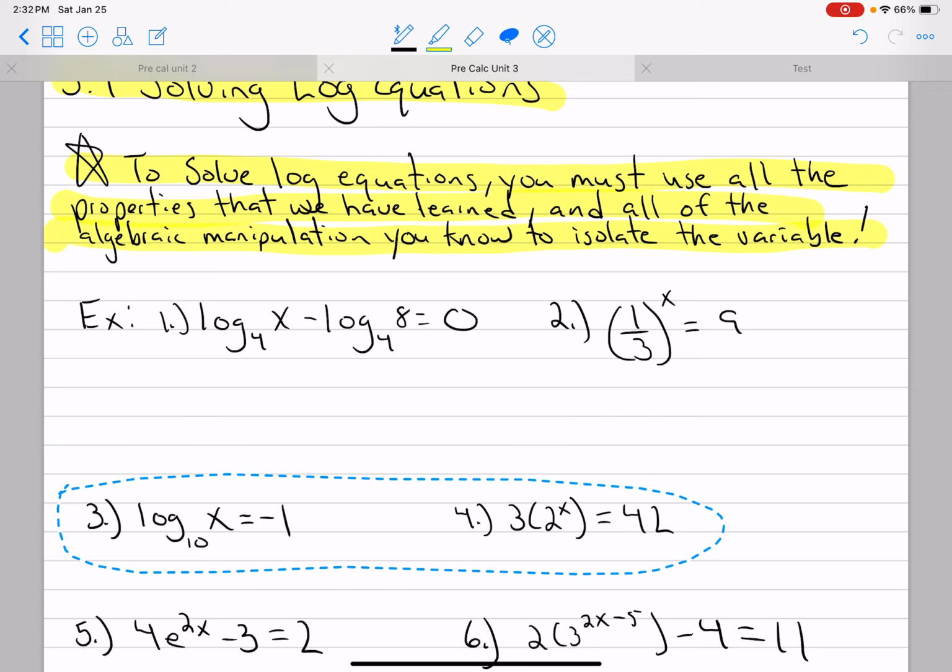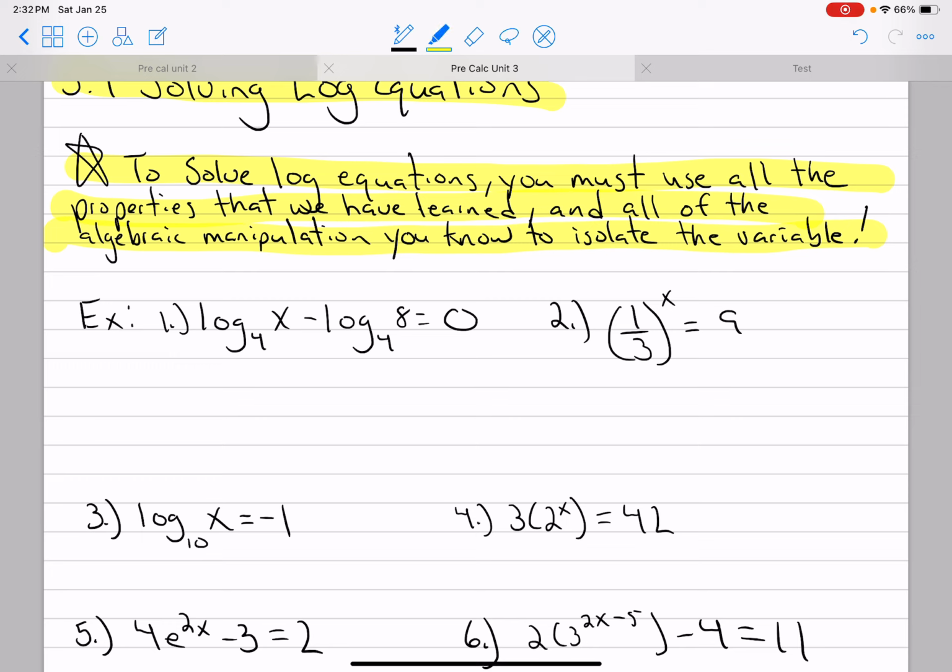Let's see. All right. So go ahead and write down example 1, log base 4 of x minus log base 4 of 8 equals 0. For this one, as soon as you see two things equal to 0, and you see log base 4, right?